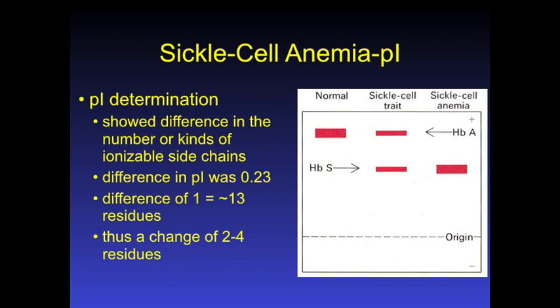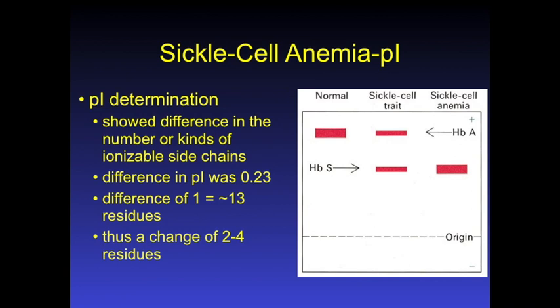Now, what we do from the origin where they start, okay, what we find is a difference. Now that difference can be measured by how many pH units there are between the resting point here and the resting point there. And the difference in pIs based upon the pH was about 0.23 pH units.